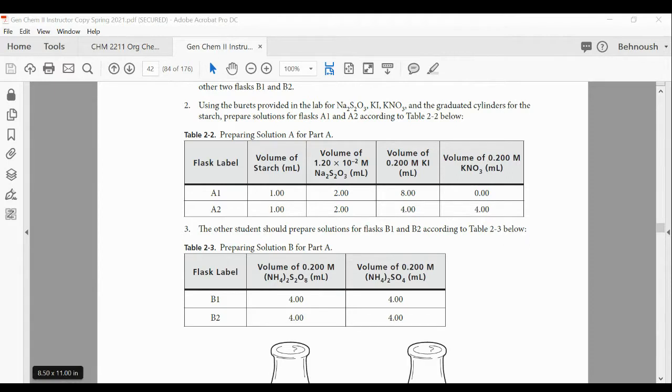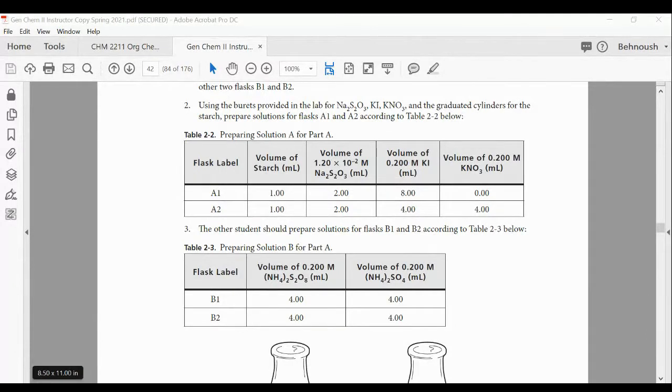The way this experiment is designed, for all after-mixing volumes, it adds up to 19 milliliters. But that 19 milliliters is not the magic number. We're just adding the volume from flask A to flask B for each trial, and you find the final volume. Where do we get the initial volume? Directly from the table. Concentration before mixing, directly from the table. Concentration after mixing is unknown, and we need to find it.